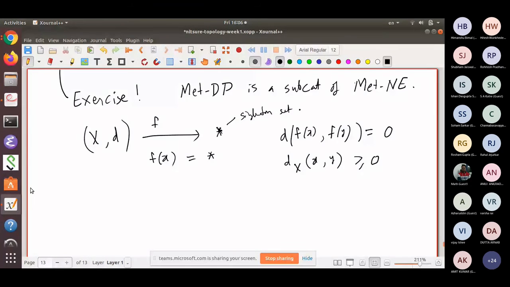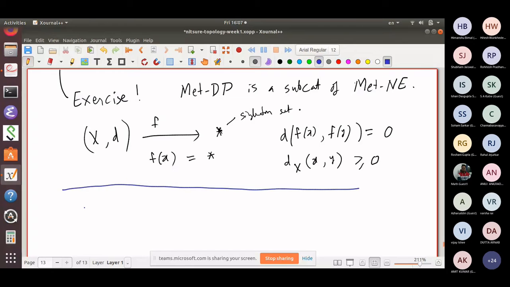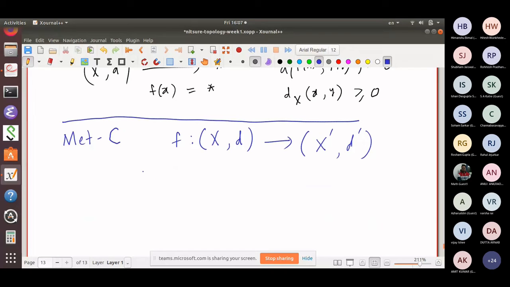Okay. Now we come to the third one. The third category deserves the third color, I suppose. It's very funny how many colors this thing has. Okay, therefore I have to use it. So the third category is Met continuous. Here f from one metric space (X, d) to (X', d') is a continuous map.